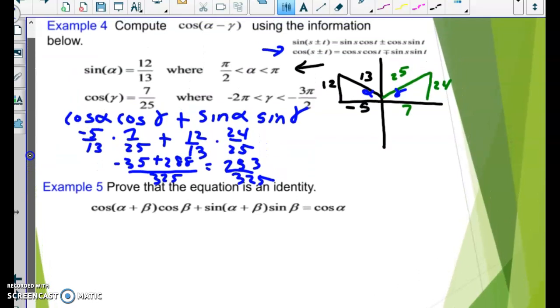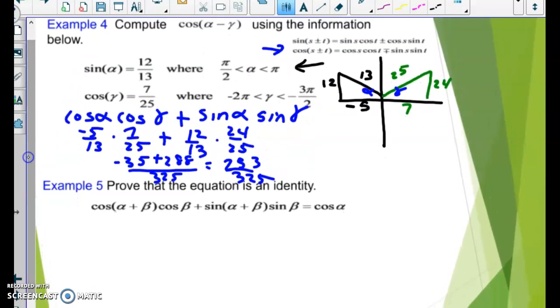Now, let's scroll up to where my cosine formulas are. So we have a cosine times cosine plus a sine times a sine. So if we're using the bottom formula, we actually have the right side of the formula up there where it says cosine, cosine plus sine, sine.